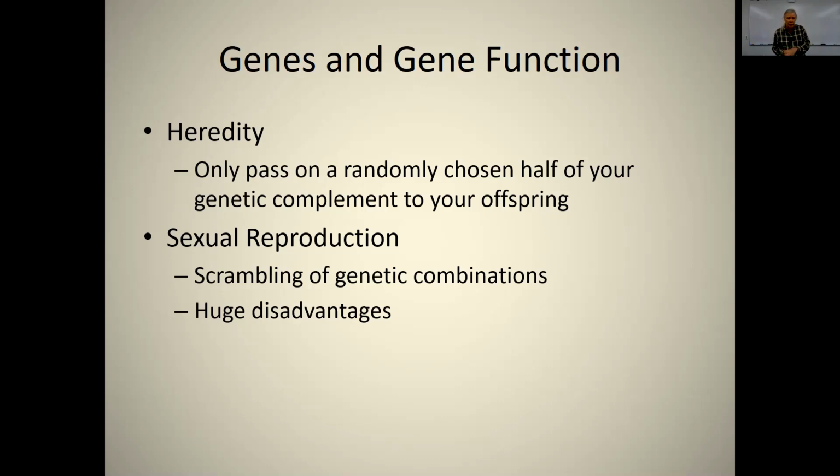There are huge disadvantages to this, though, because animals that make asexual offspring pass on 100% of their chromosomes to their offspring. We only pass on 50.